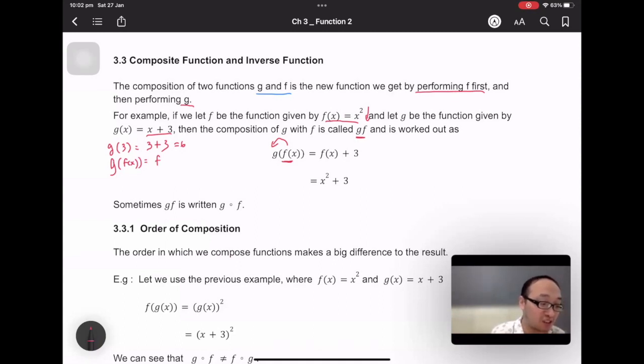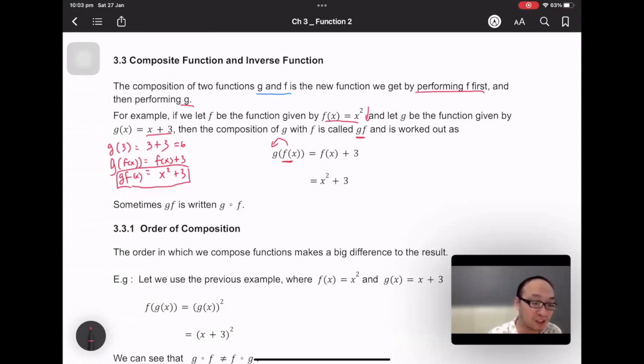So it's f(x) plus 3, which will be x squared plus 3. So this will be the new expression of gf(x). This is not a multiplication, but a g following f. It's a continuation from one function to another function. That's called the composite function.